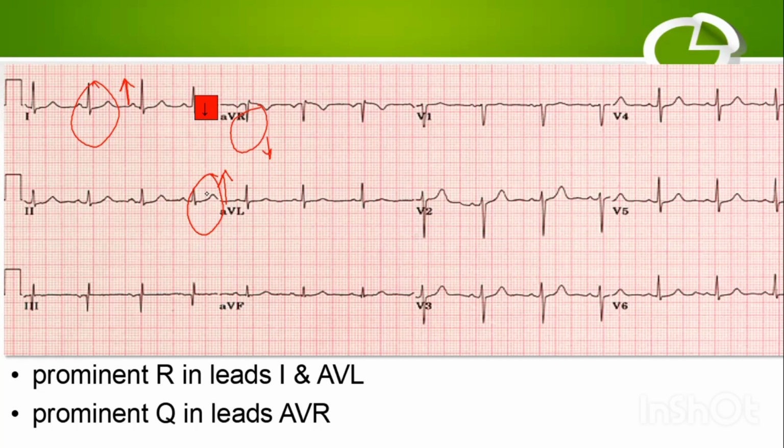In R progression in the chest leads, R starts as a small wave from V1 and gradually grows till the end of V6. R in V6 is maximal voltage, and R in V1 is minimal voltage, and also S wave in V1 is maximal voltage, and S wave in V6 is minimal voltage.